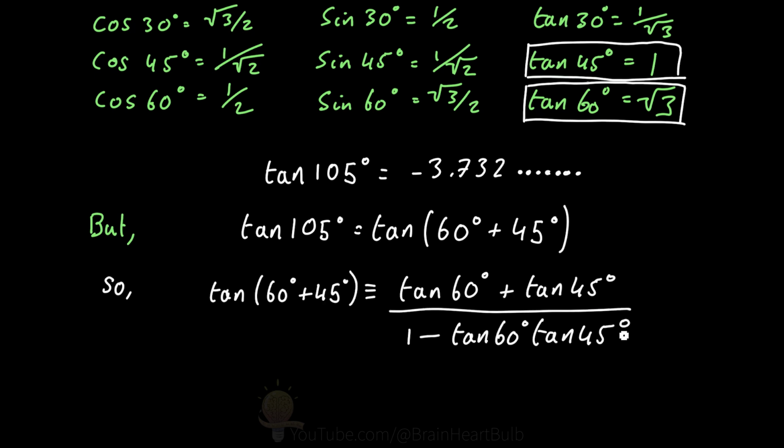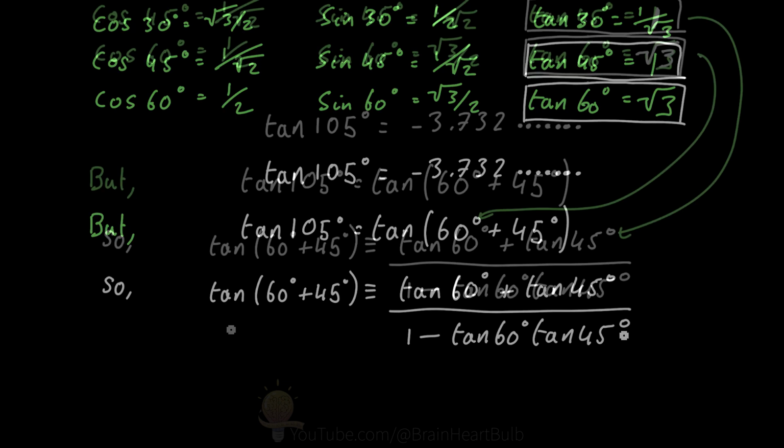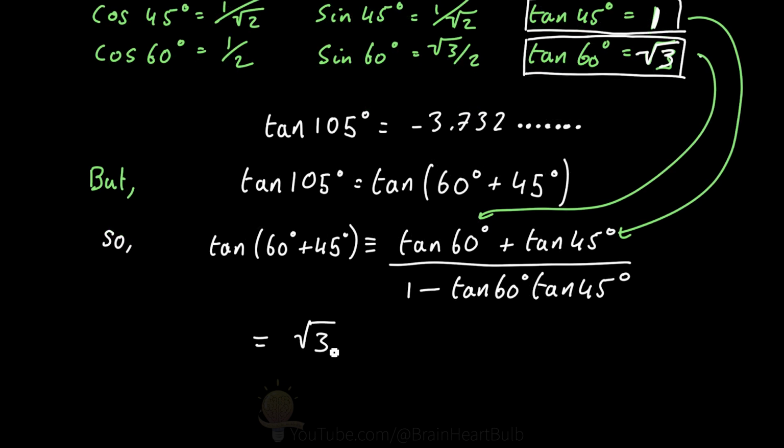Now remember, we've already worked out what tan 60 and tan 45 are as radical expressions, so we can include these values here. So tan 60 is root 3, and tan 45 is equal to 1. So our expression becomes root 3 plus 1 divided by 1 minus the square root of 3.